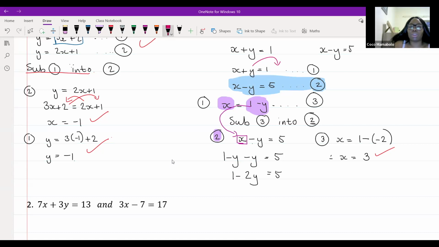And then I can take the 1 over to the other side. It's going to become negative 1. So I'm going to end up with negative 2y is equal to 5 minus 1, which is 4. And then we divide by negative 2 and divide by negative 2. All right, so y then is equal to negative 2. Kulani, are we okay there? Are we good? Good, excellent.